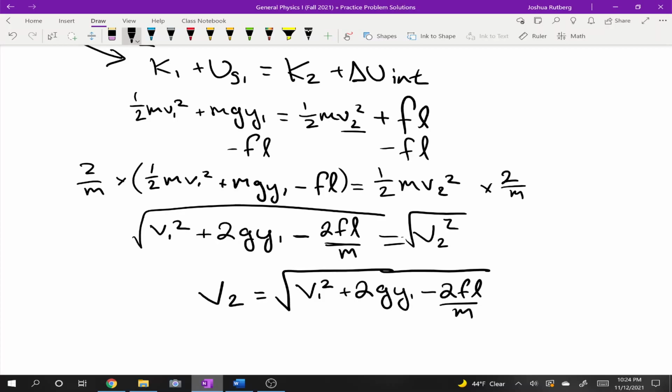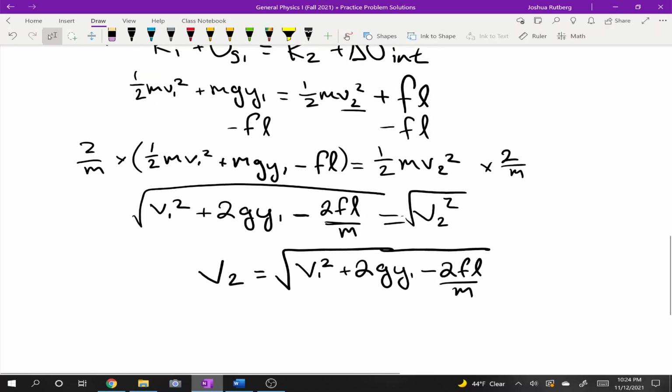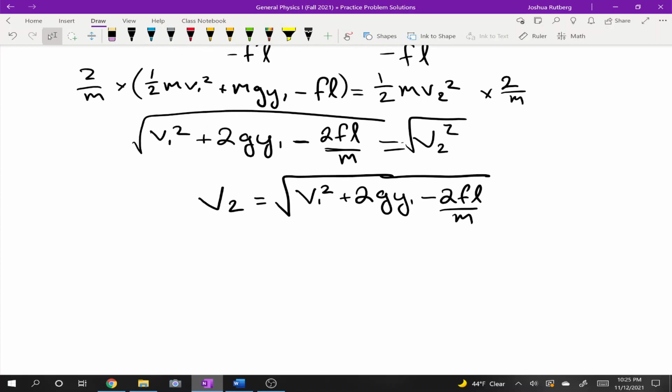This looks a little bit gross, but this is about what I get in terms of all of the quantities that I'm given. So this is the expression I get.